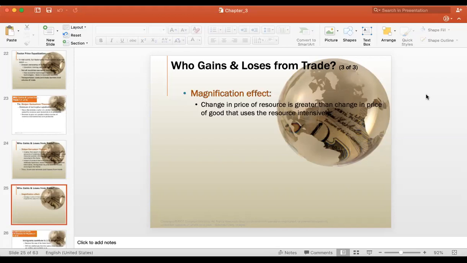Today, I want to look at what the magnification effect means. The magnification effect is something that Stolper-Samuelson stumbled over when they were doing a lot of work with their model regarding the distribution of income between the factors of production.